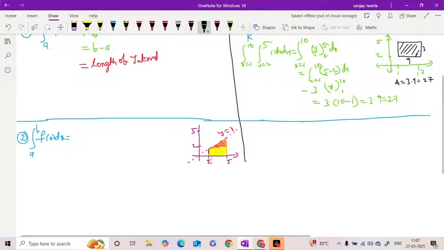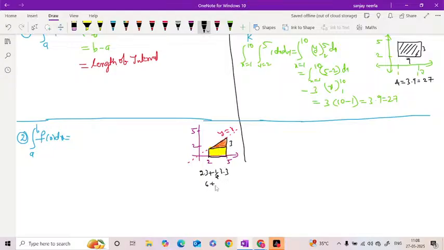In the rectangular region, the height is 2 and width is 3, that means 2 into 3. And come to the second one, this one is the triangle, height is 3 and base is also 3, so 1 by 2 into 3 into 3. So 6 plus 9 by 2, so 12 plus 9 by 2, so 21 by 2 is the area of the region.